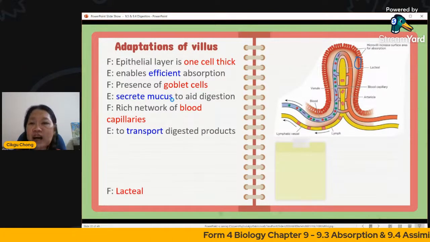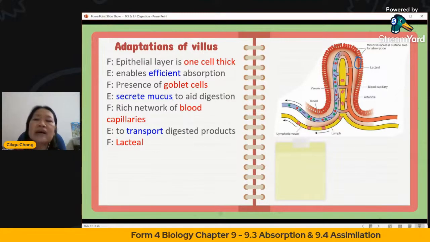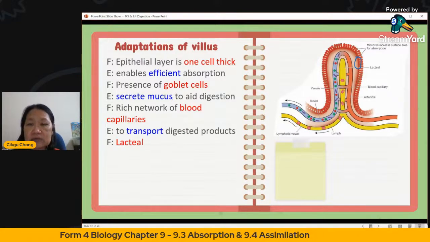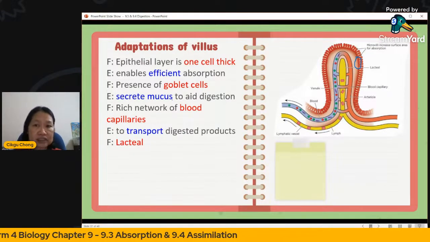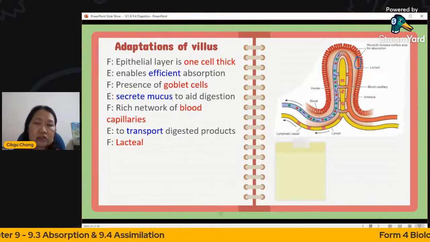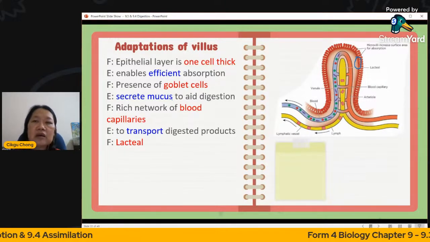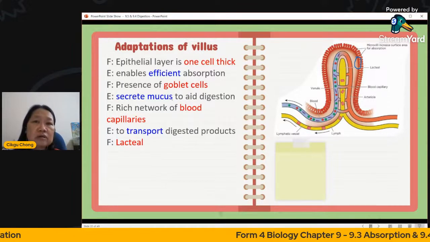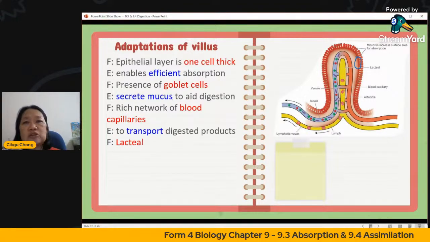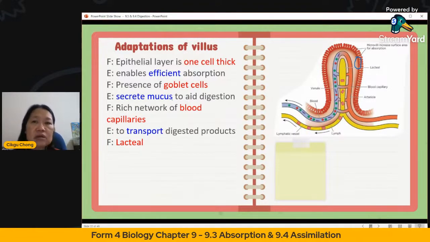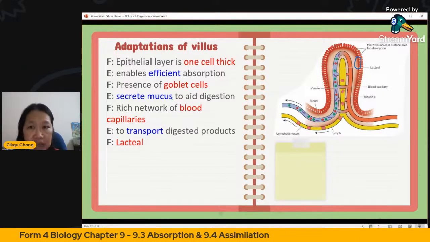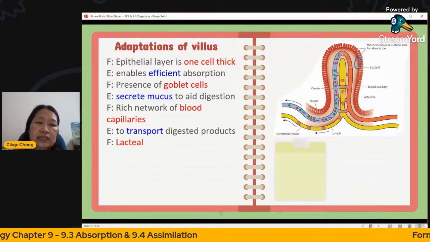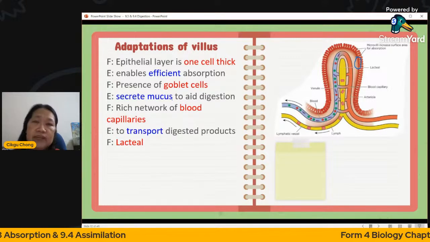Then you also have that yellow little tube in the middle, called the lacteal. The lacteal is actually a separate system. This lacteal absorbs fat-soluble nutrients. That means your fatty acids and glycerol, and vitamins A, D, E, and K. They will go into the lacteal instead, not into the blood capillary.